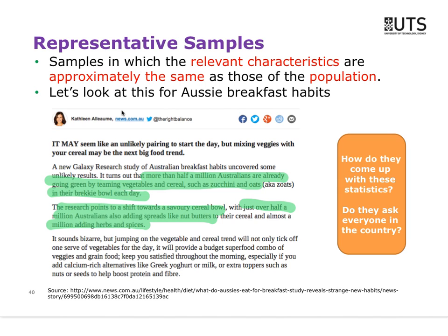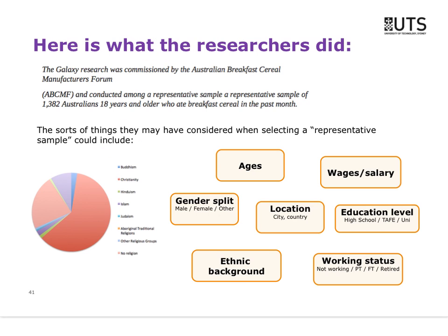So the question is, how do they come up with these statistics? And I actually went to do the research. The research came from a Galaxy research poll by the Australian Breakfast Cereal Manufacturers Forum. I didn't even know one existed. And they made general conclusions about 1 million Australians using herbs and spices and 500,000 Australians using vegetables in their cereal by surveying 1,328 Australians.